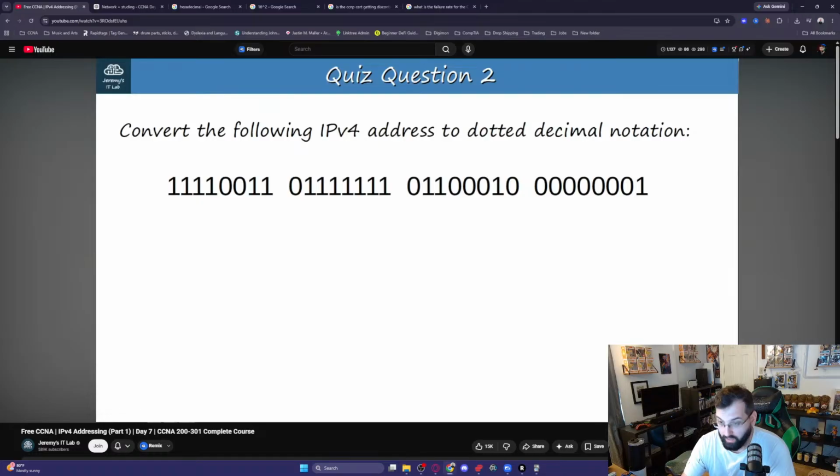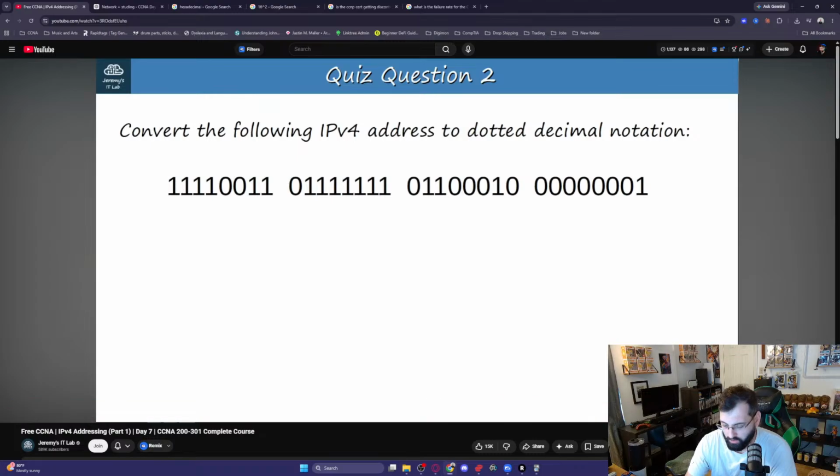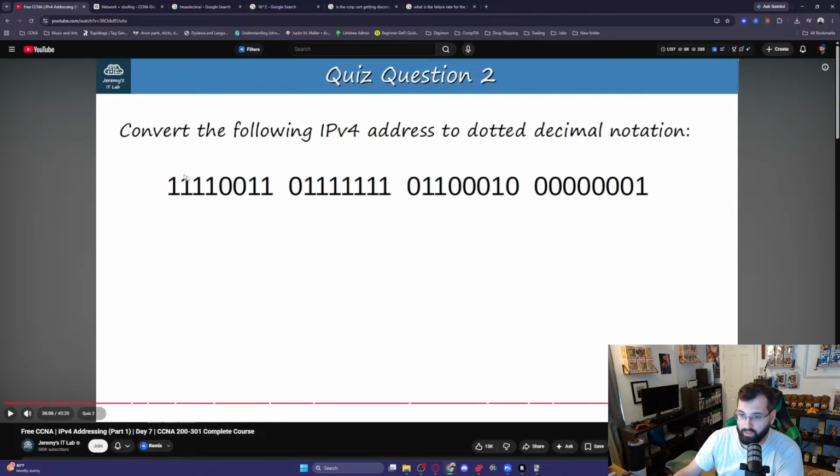Okay, so we're doing the first one right here. 128 plus 64 plus 32 plus 16 plus 0 because there is no 8, plus 0 because there is no 4, and then plus 2 plus 1 equals 243.